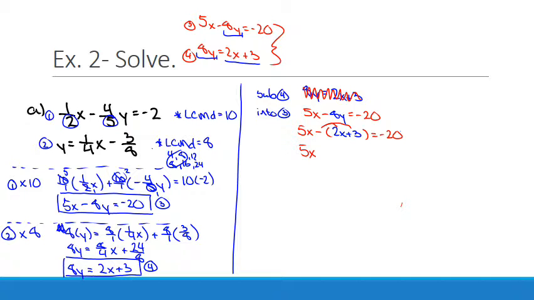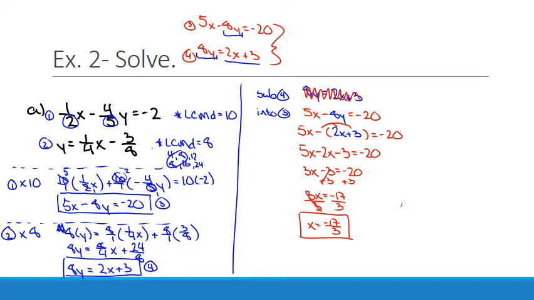So 5x minus 2x minus 3 equals negative 20. That's now 3x minus 3 equals negative 20. Add 3, add 3. 3x equals negative 17. Divide by 3, divide by 3. X equals negative 17 over 3.